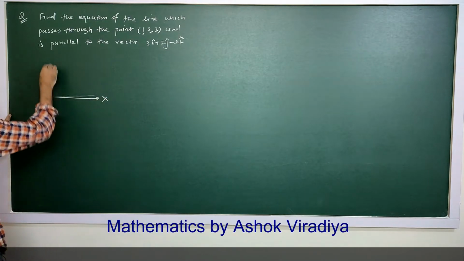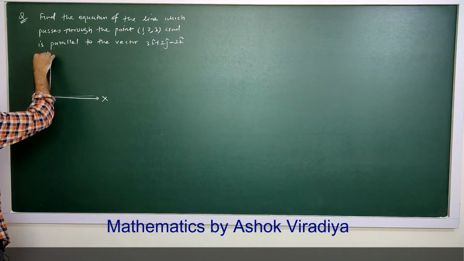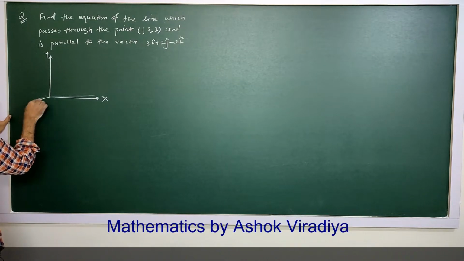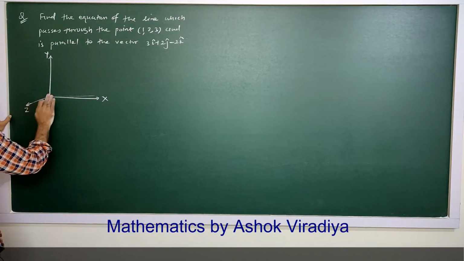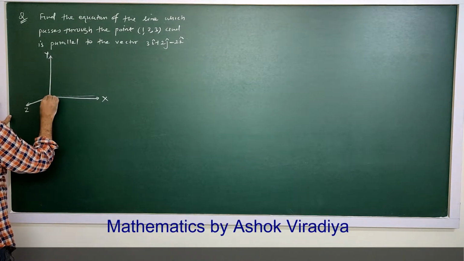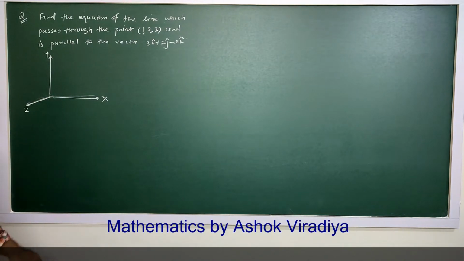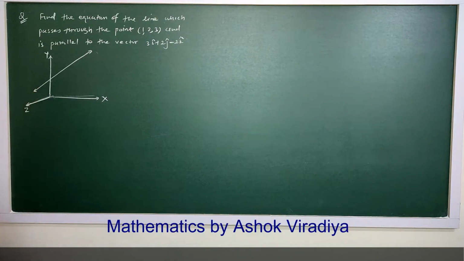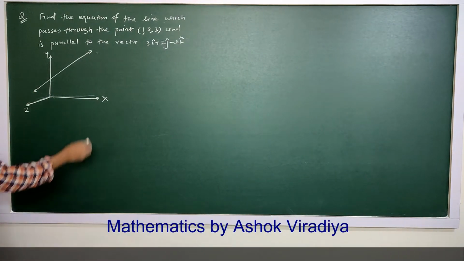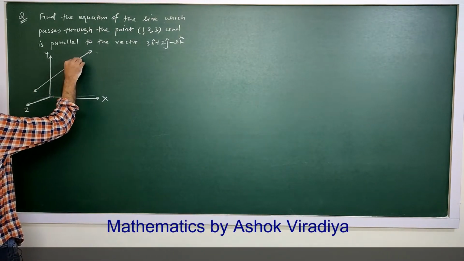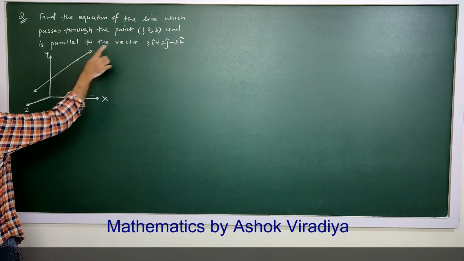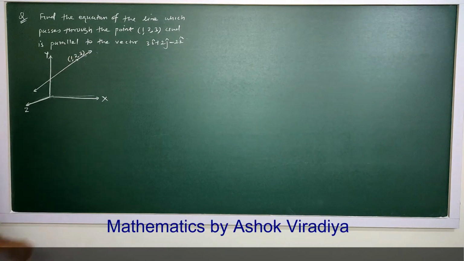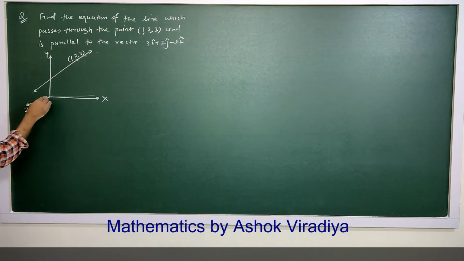This is x-axis, this is y-axis, and this is z-axis. Suppose that this is a line whose equation is required. It is passing through a point. Let me take this point as 1, 2, 3. This is the origin.